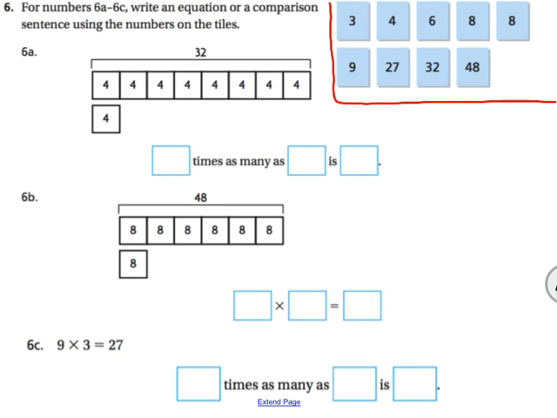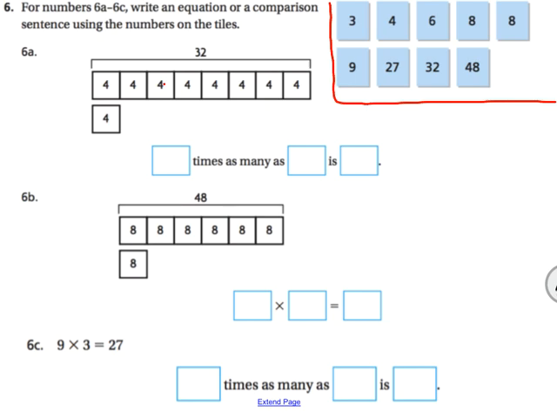So looking at 6A, that's a bar model, but I noticed the bracket is around 32. So I also notice that 4 is being represented 8 times, right? So there's 1, 2, 3, 4, 5, 6, 7, 8. 8 4s here.